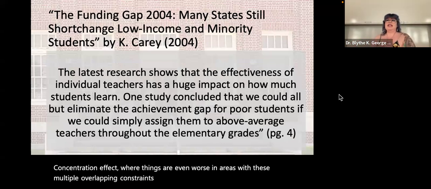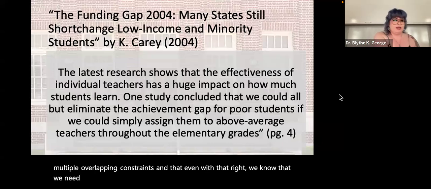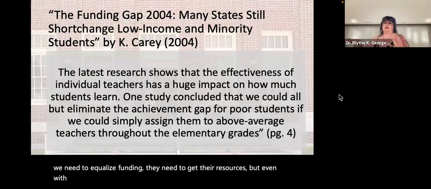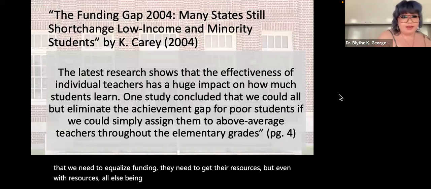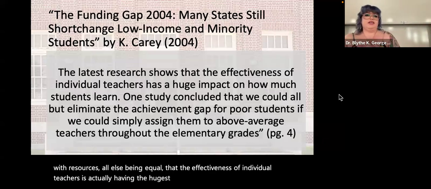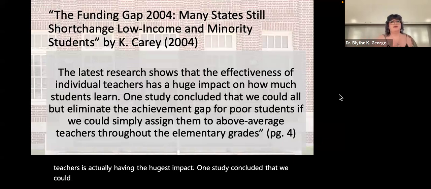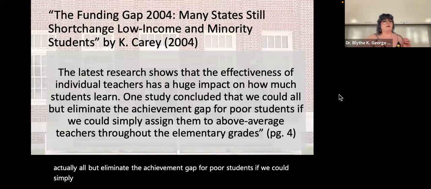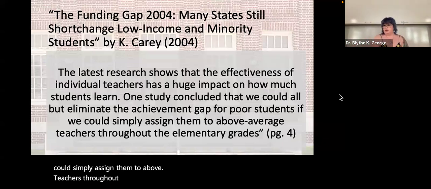And so we're seeing that concentration effect where things are even worse in areas with these multiple overlapping constraints. And even with that, we know that we need to equalize funding, they need to get their resources, but even with resources, all else being equal, the effectiveness of individual teachers is actually having the hugest impact. One study concluded that we could all but eliminate the achievement gap for poor students if we could simply assign them to above average teachers throughout the elementary grades.